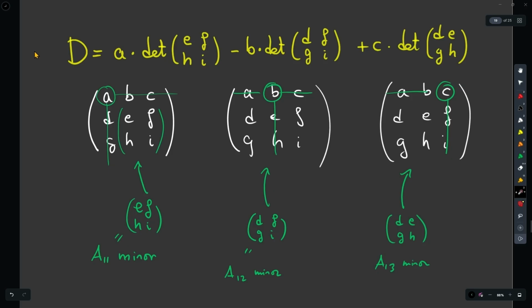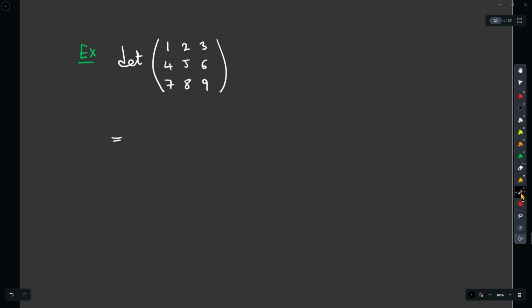Let's compute the determinant of a matrix and see what happens. So for example, let's compute the determinant of the matrix 1, 2, 3, 4, 5, 6, 7, 8, 9. The expression that we got is called the expansion along the first row. So it is the first element of the first row, 1, times the determinant of the leftover minor, 5, 6, 8, 9.